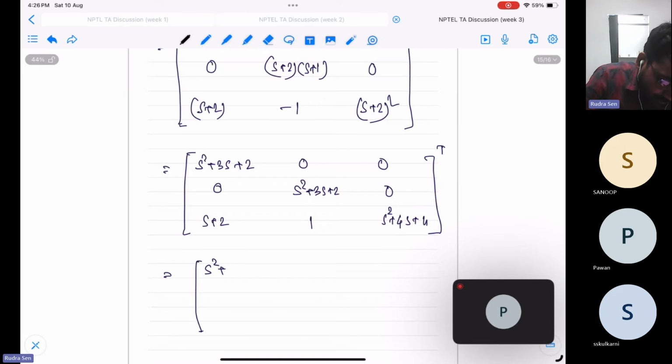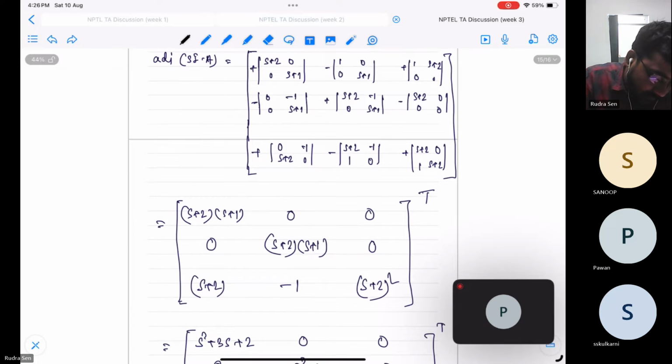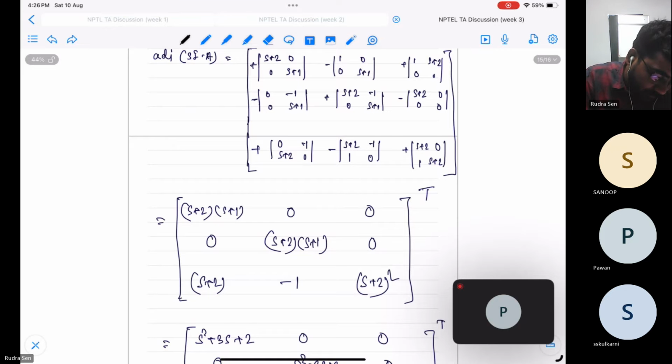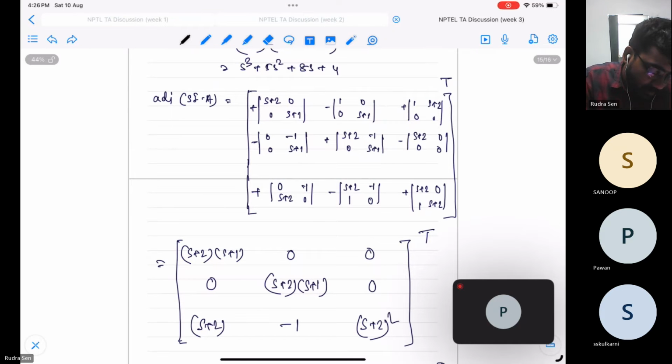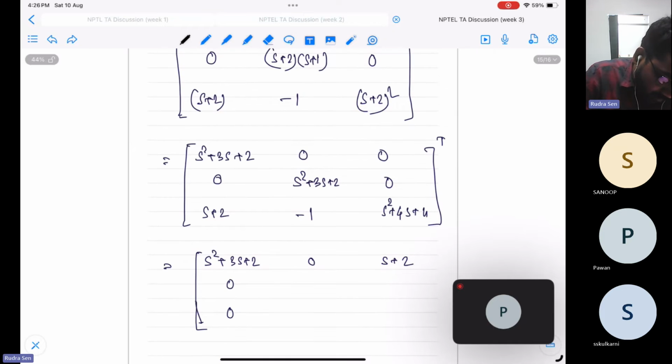So what I get, s square plus 3s plus 2, 0, s plus 2, then 0, this is 0, this term is 0, I can have minus 1 over here. Okay, now this term is 0, s square plus 3s plus 2, and this is minus 1. This is s square plus 4s plus 4, and this is 0.